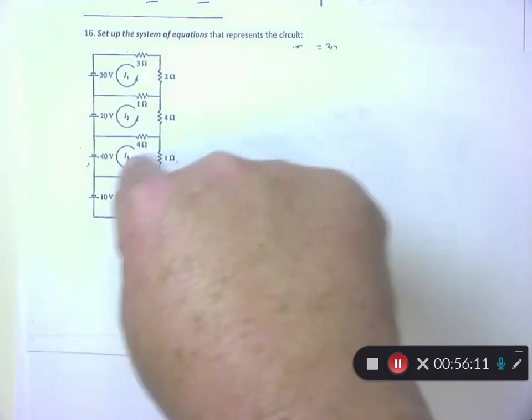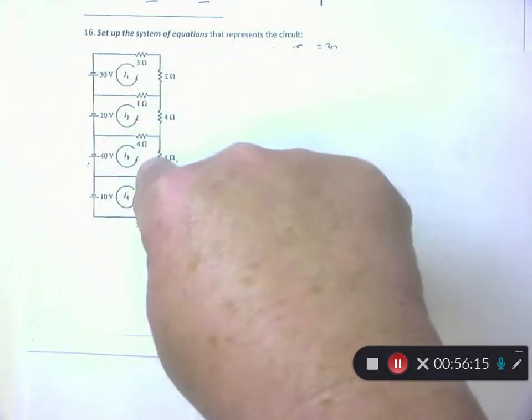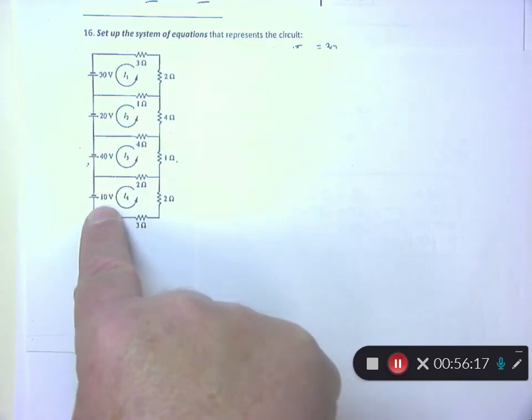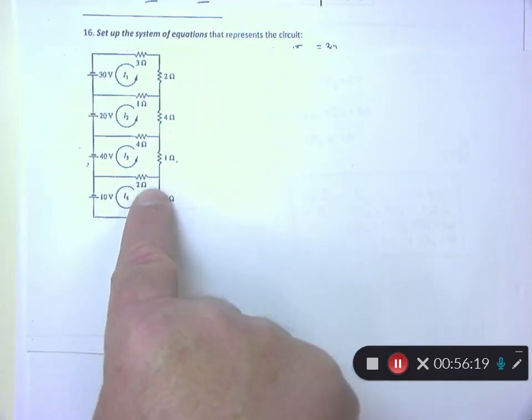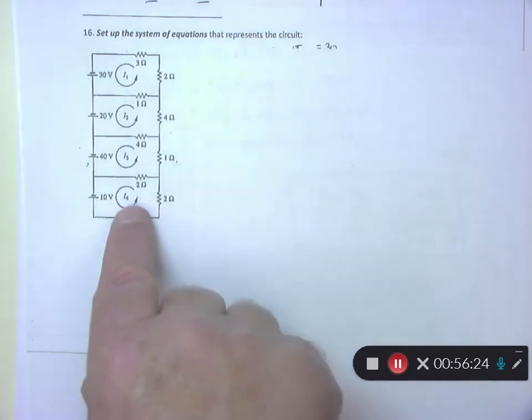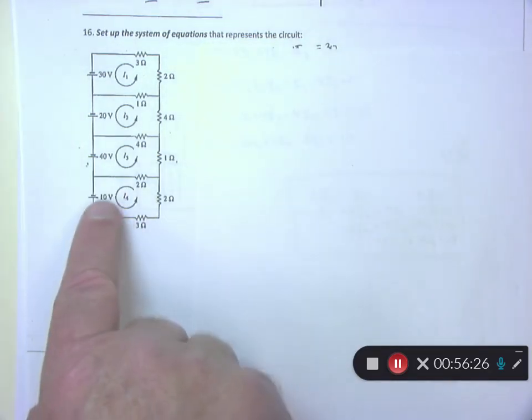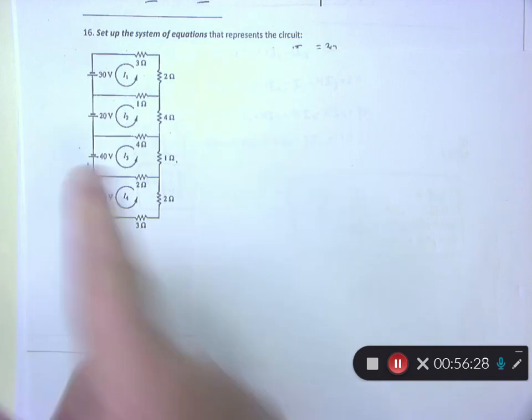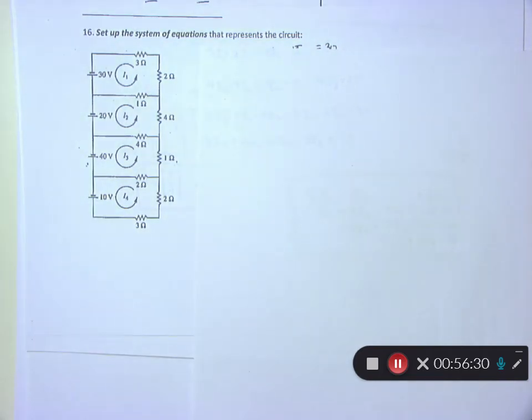But you got this I3 going in the opposite direction. This is going to the right, but this is flowing to the left. So that's going to be a minus 2I3. So it's minus 2I3 plus 7I4 is equal to the voltage, which is 10. That's your fourth equation. Does that make sense?